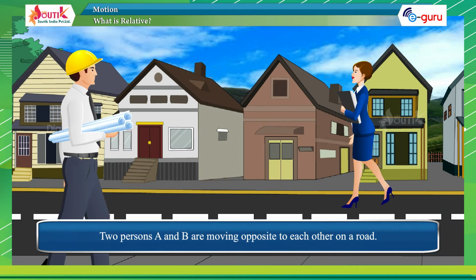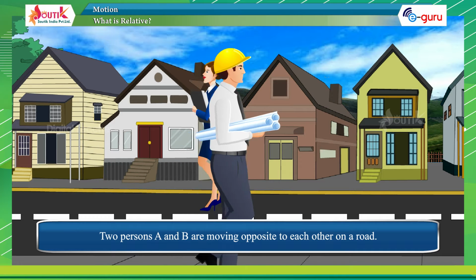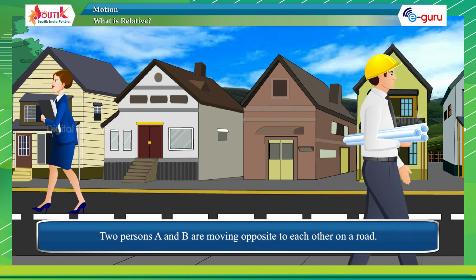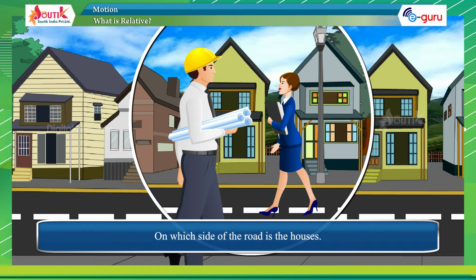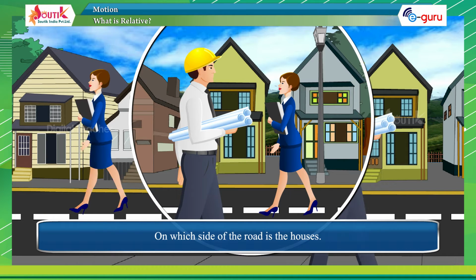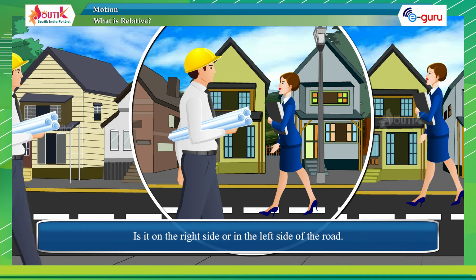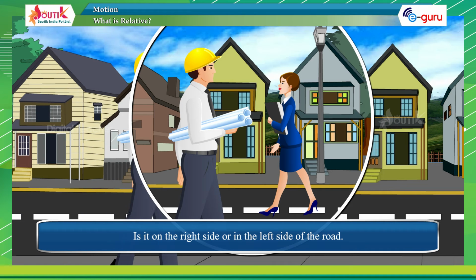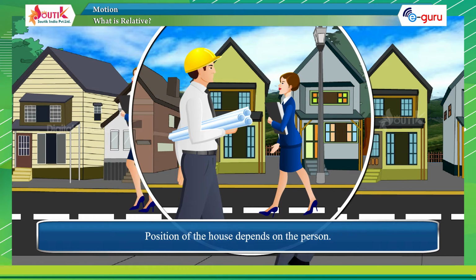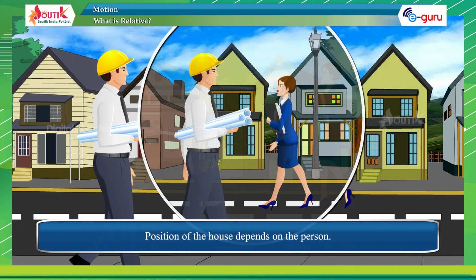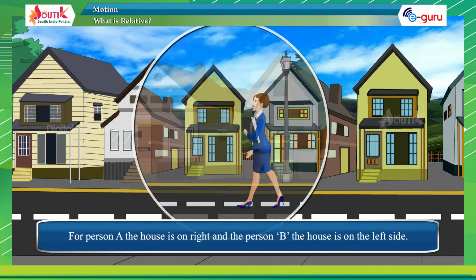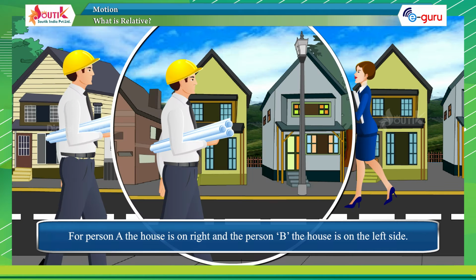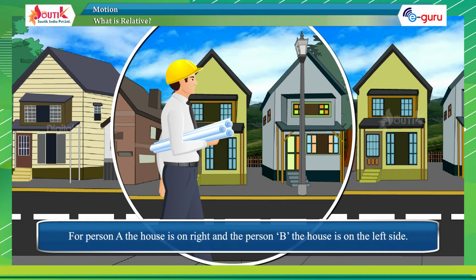Two persons A and B are moving opposite to each other on a road. On which side of the road is the house? Is it on the right side or on the left side of the road? The position of the house depends on the person. For person A, the house is on the right and for person B, the house is on the left side.